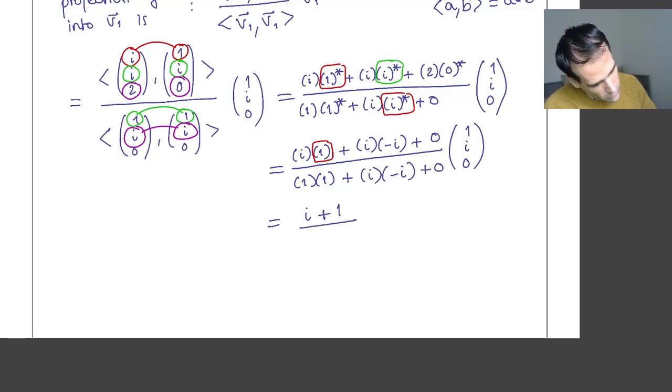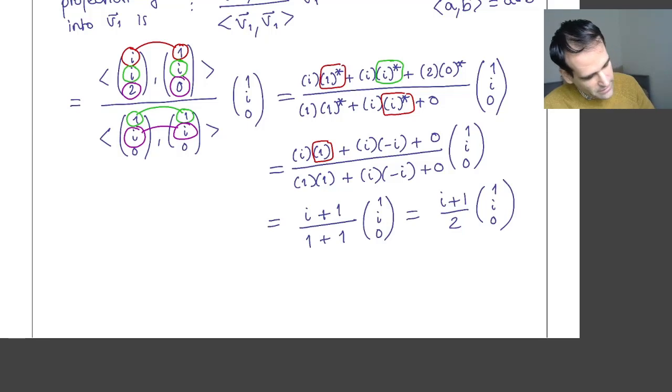Divided by, on the bottom we have 1 times 1, which is 1, plus i times minus i, which is 1. So 1 plus 1, multiplied by the vector here, which means we have (i plus 1) divided by 2, times 1, i, 0. And that is our final answer.